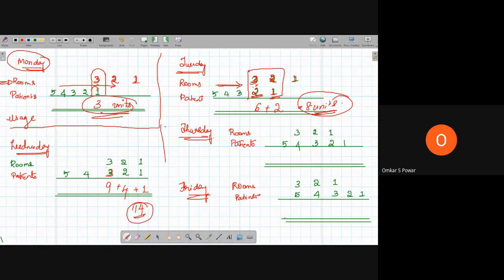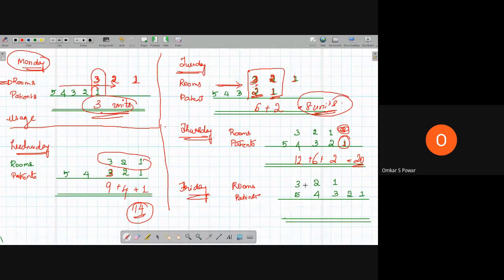Similarly, for Thursday, just shift this. The first patient's dosage is over, because three units, if you observe, 3 2 1, 3 2 and 3 2 1, this patient has already taken the three dosages, so will not get anything. The remaining: 2, 6 and 12. So 12 plus 6 plus 2 is 20.